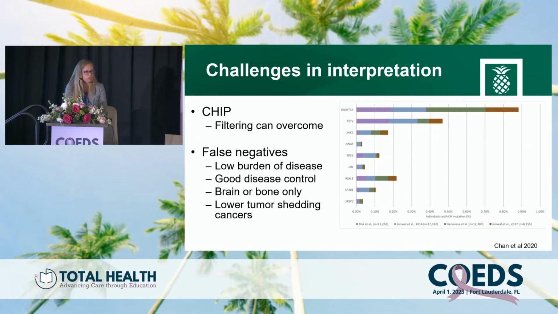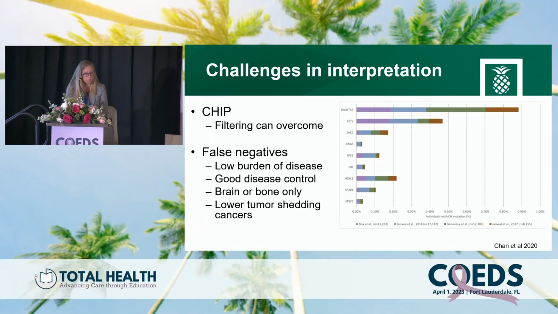One of those is clonal hematopoiesis of indeterminate potential, these mutations that develop in leukocytes that don't reach the level of a myelodysplastic syndrome or a leukemia, but can be found on your circulating tumor DNA.